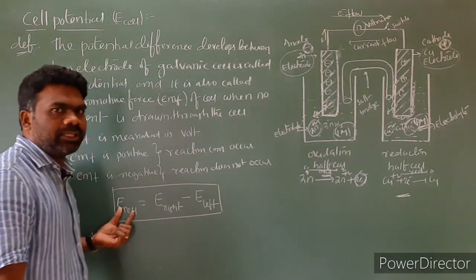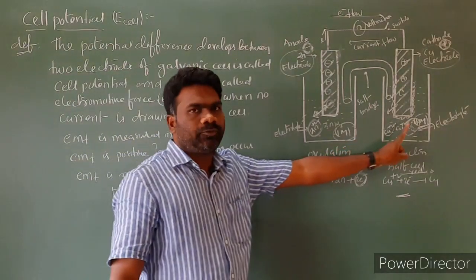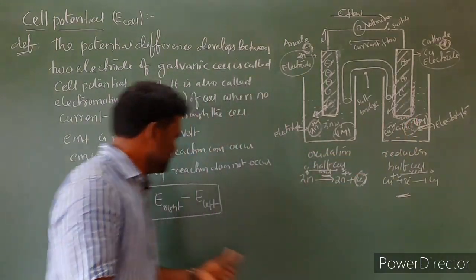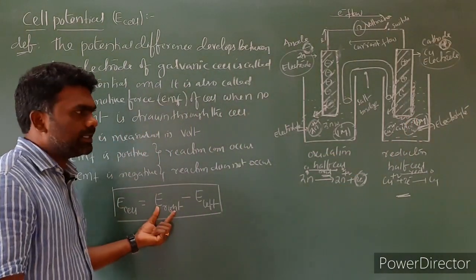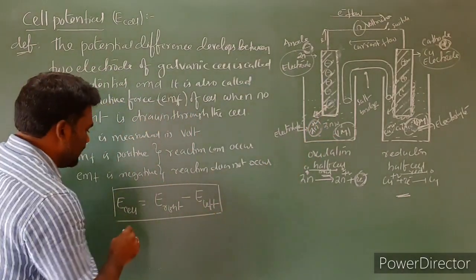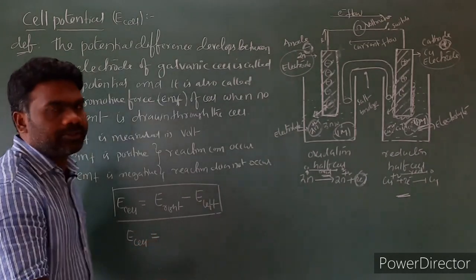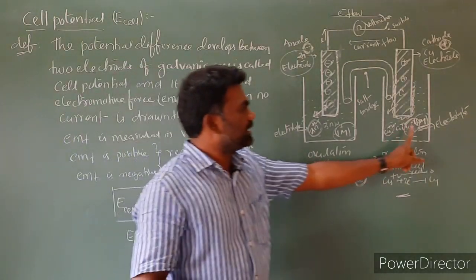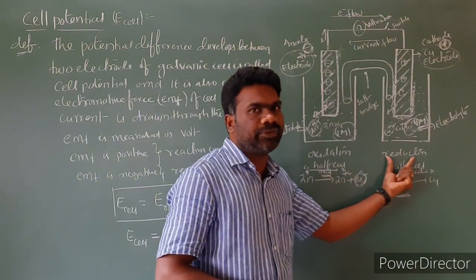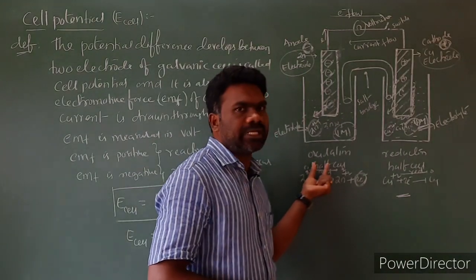So this is the formula we use to calculate the EMF of a cell: E cell is equal to the potential of the half cell on right minus the potential of the half cell on left. We can write this formula in another way. On the right side, reduction is going on, so it is a reduction half cell. On the left hand side, oxidation is happening.